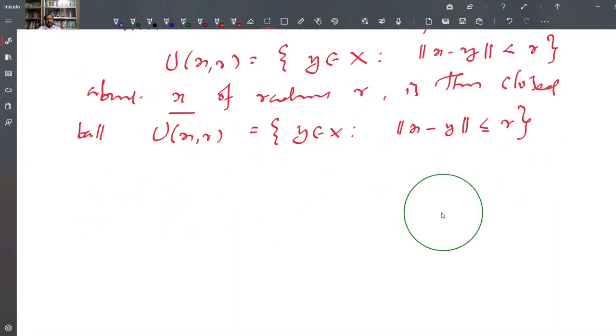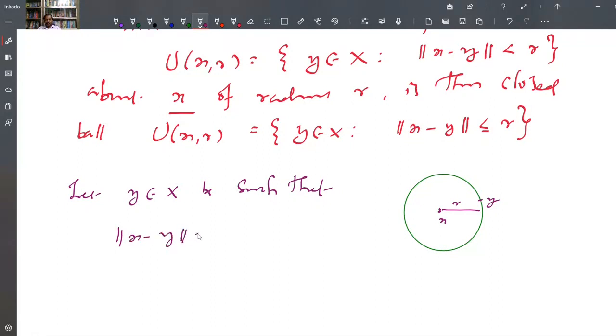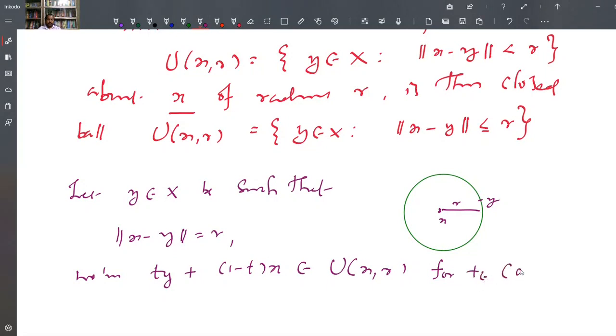So consider a ball, and you consider a point x, and this is your R. You consider a point y here, y on the boundary. So let y belong to X be such that norm of x minus y equals R. So it is a boundary point. We have ty plus (1 minus t) times x belongs to U(x,R) for t belonging to the open interval (0,1).